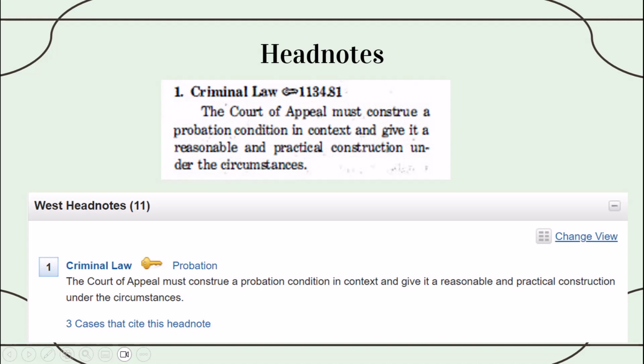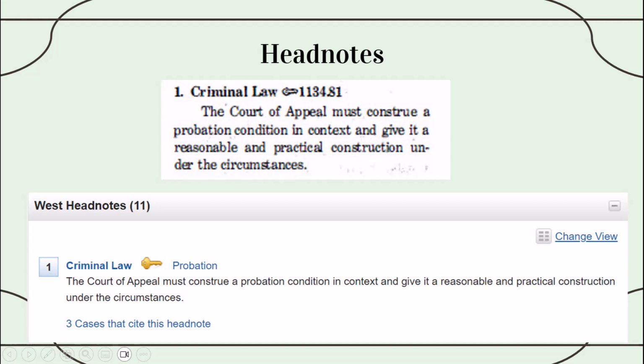I hope you remember what definitions of key numbers are, but they're just very, very short definitions of what that particular key number is about. And then below it, it's letting you know that there are 3 cases that have cited this case for something having to do with the material in headnote number 1.